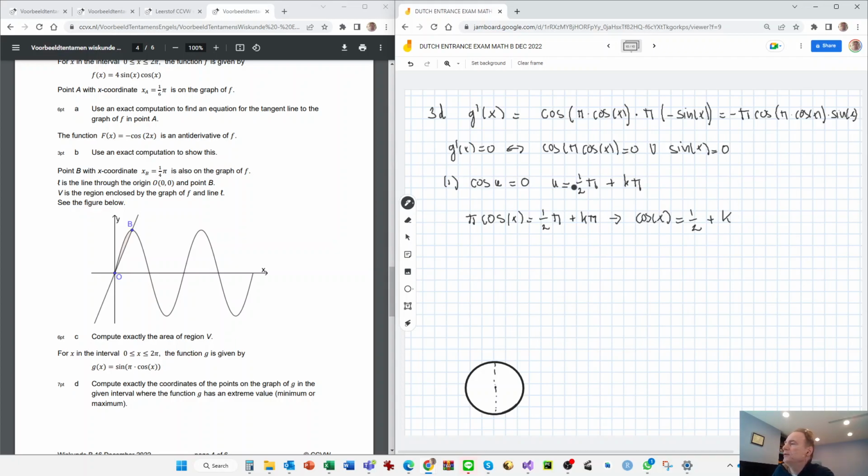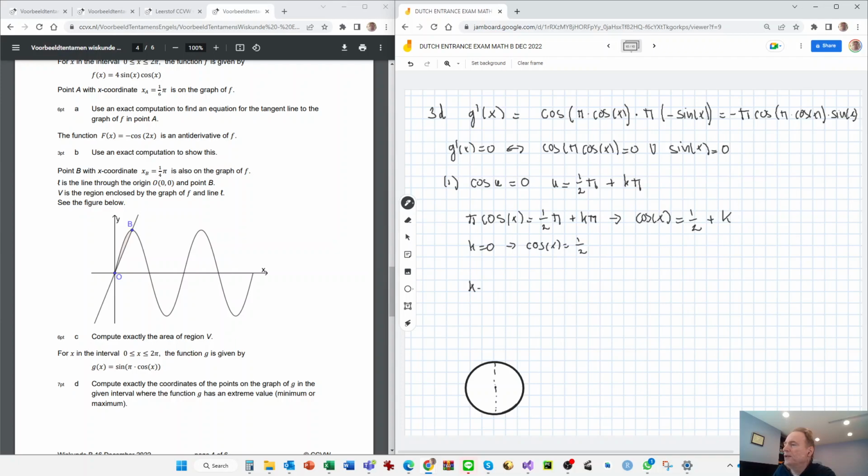Now we know that the cosine of x is always between -1 and 1. So k can be 0, which means the cosine of x has to be 1/2.